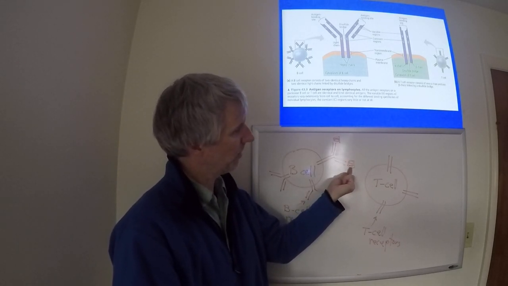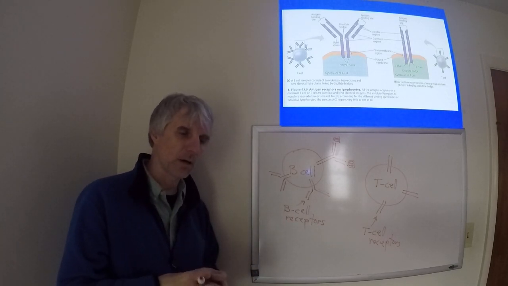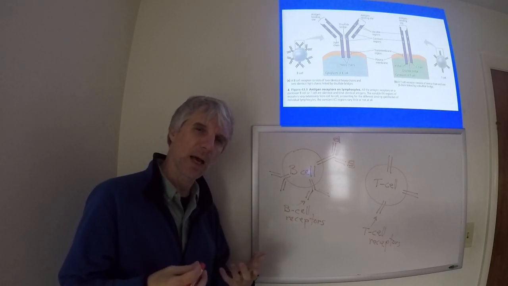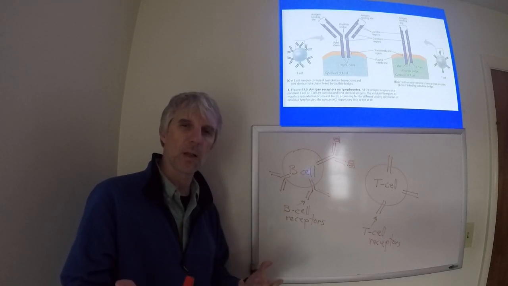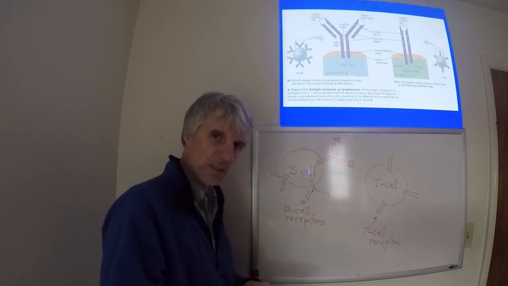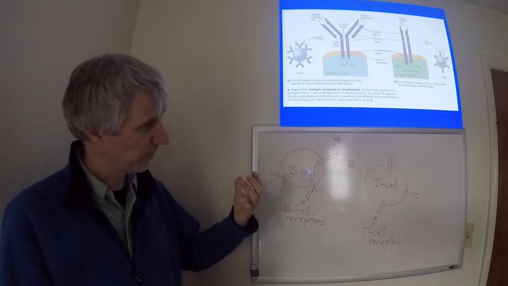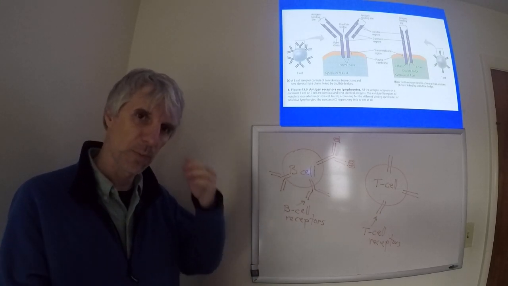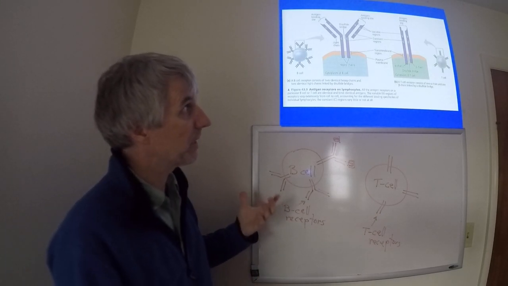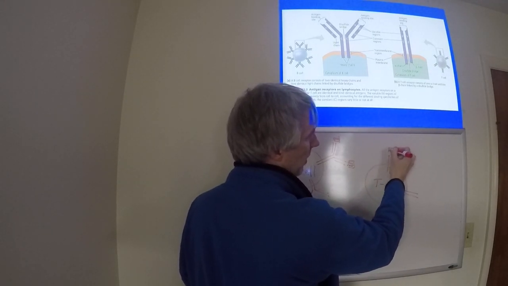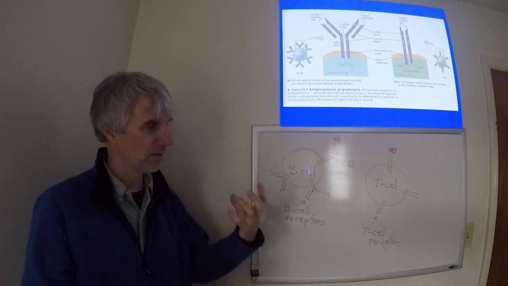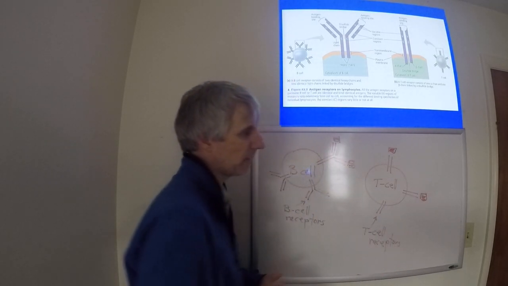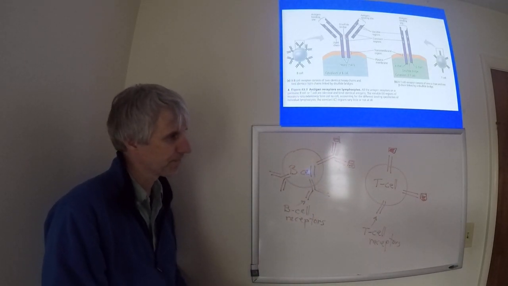And the things that are bound are little tiny pieces of proteins. So they're little tiny peptides, maybe not big enough to call a polypeptide, but little tiny pieces of peptides that have come from larger proteins. T cells are also capable of binding these little bits of peptides, okay? And they bind them through the T cell receptor.